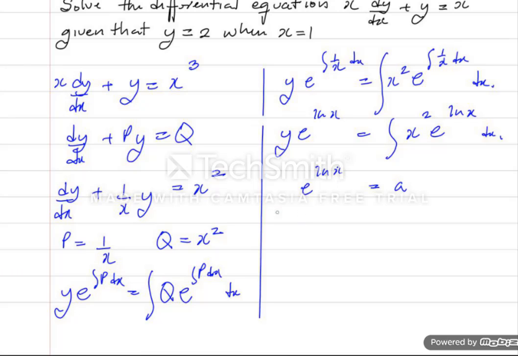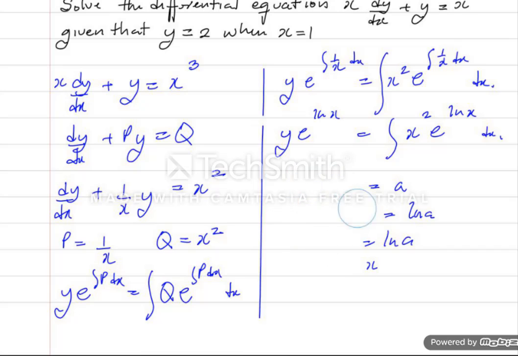The power comes to the front, so that is ln x times ln e, equal to ln a. But ln e is equal to 1, log to the base e of e is 1. So ln x is equal to ln a, so a must be equal to x. But a is e to the ln x, so e to the ln x must be equal to x. Very good.